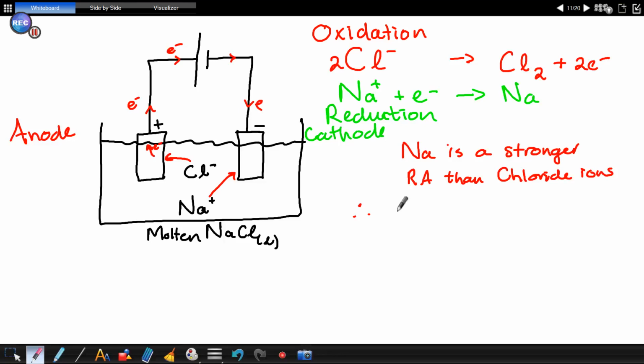Therefore sodium ions cannot oxidize the chloride ions to chlorine spontaneously.